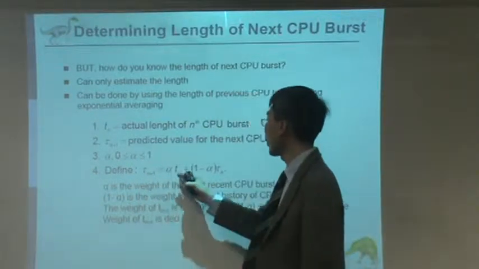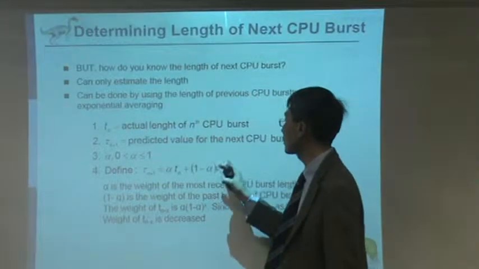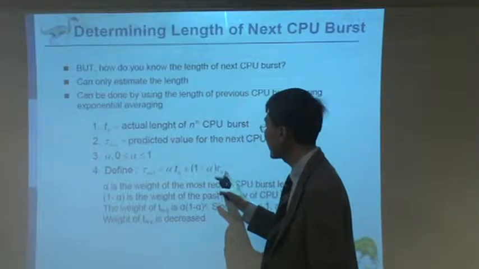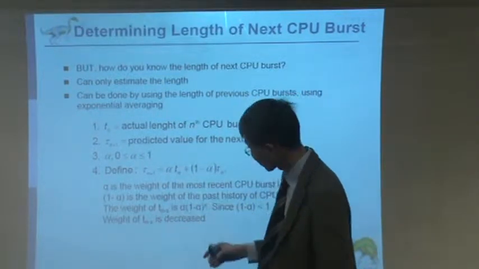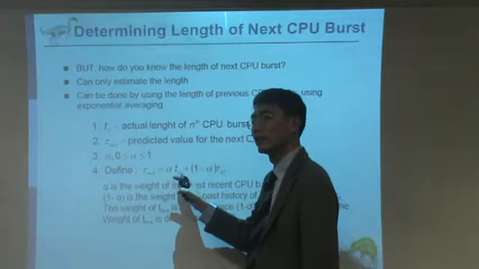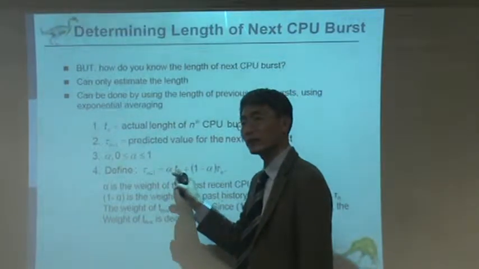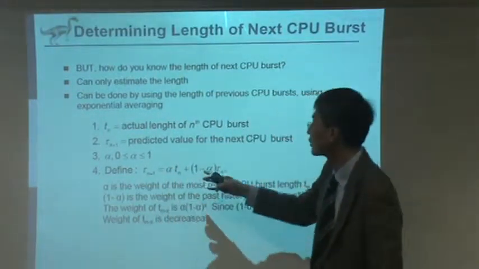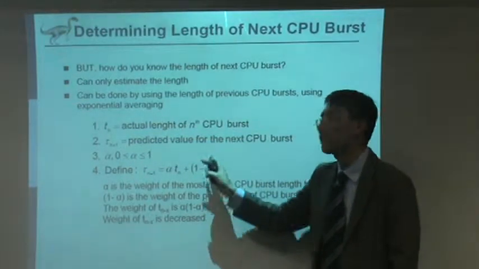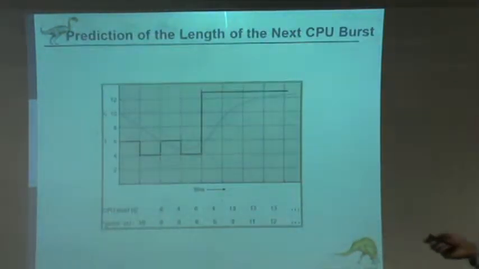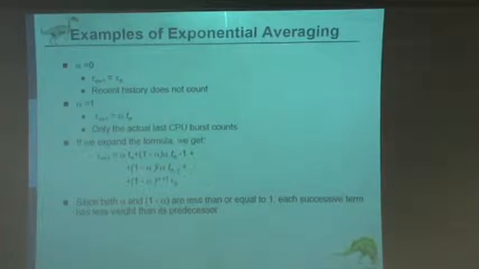Based on the previous CPU burst time, this is the expected CPU burst time at the time. We can adjust with alpha, which is a parameter value. So we have the term n+1, which means the next time slot is based on the previous one.